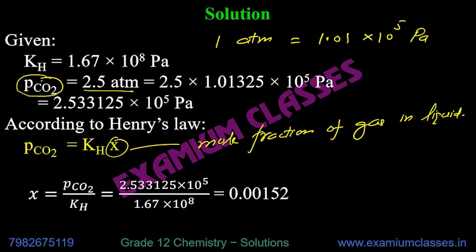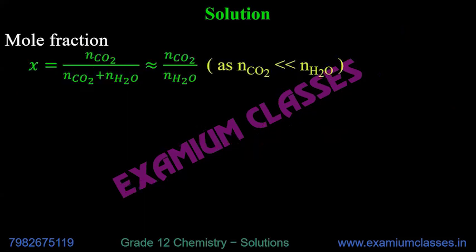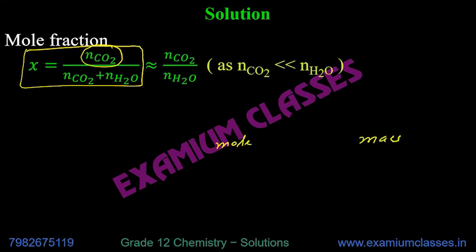From this mole fraction, how to get the quantity? For that, write the formula of mole fraction so that you can get moles of carbon dioxide, because you have to get mass. Mass you can get from moles. Moles you will get from mole fraction. Always write in this fashion if you are confused.